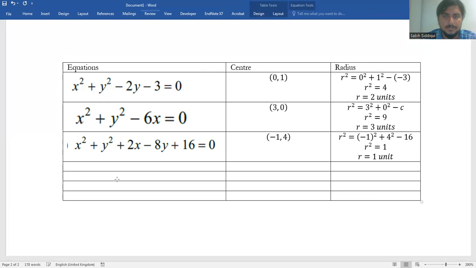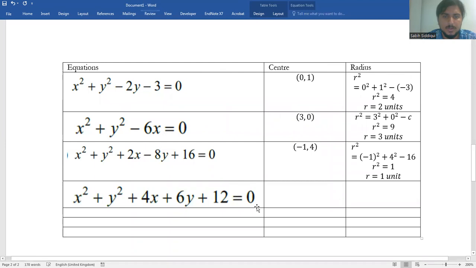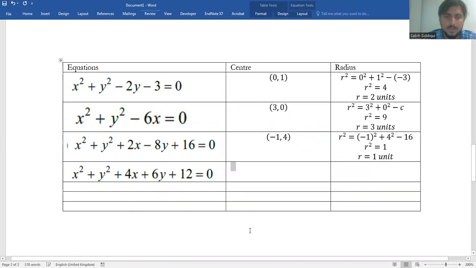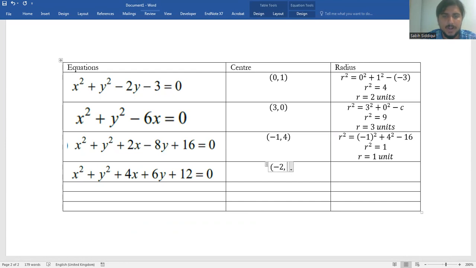Similarly, let's go through another example. Now what will be the center for this one? Take the coefficient of x divided by -2. 4 divided by -2 is -2. Then the coefficient of y divided by -2. And what about r²?